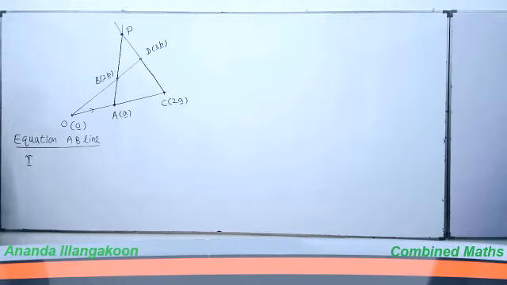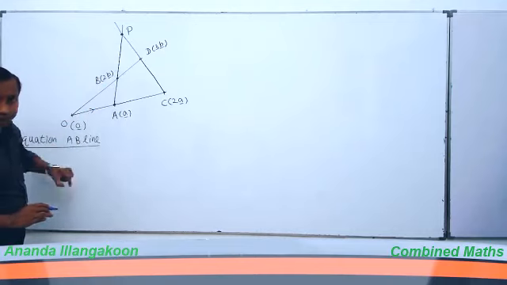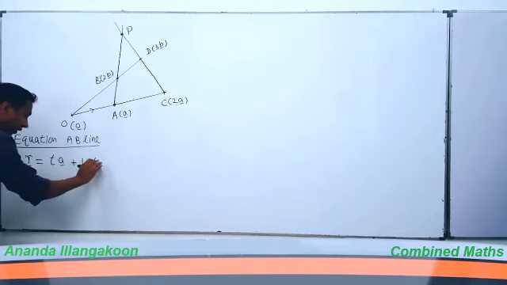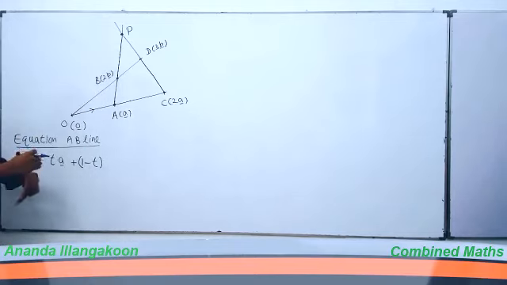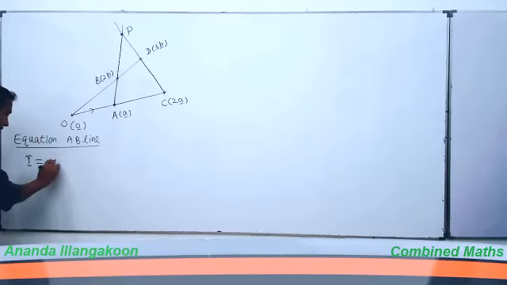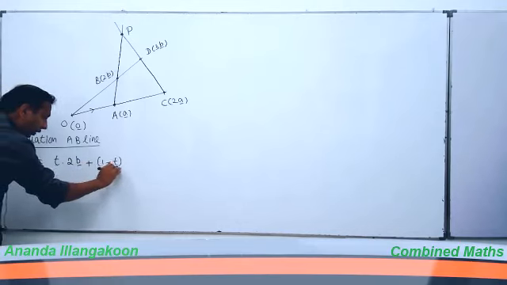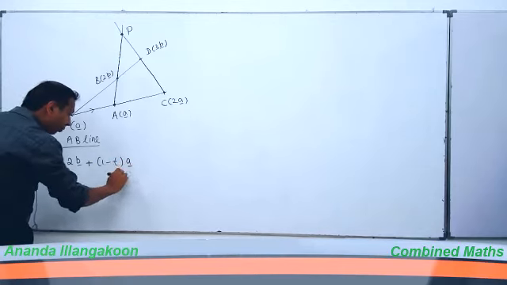R equals, on the AB line, what are the 2 points? We have A and B. What are the position vectors? Vector A, 2B. Then we write T times A, then 1 minus T times the other position vector, 2B. If we change it the other way around, it is also correct: T times 2B vector plus 1 minus T times A vector. That is also correct.